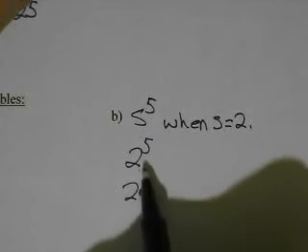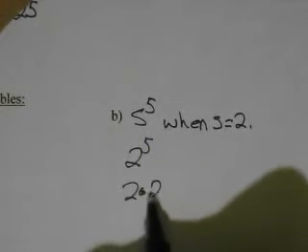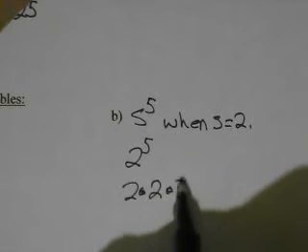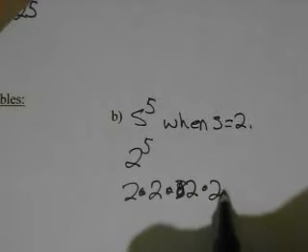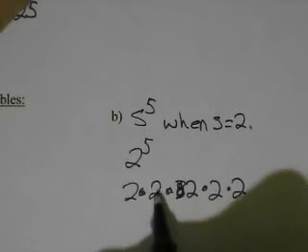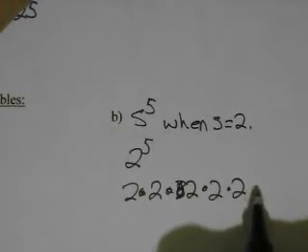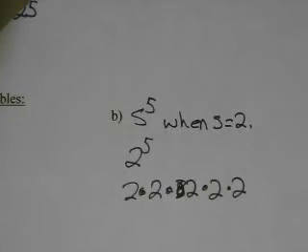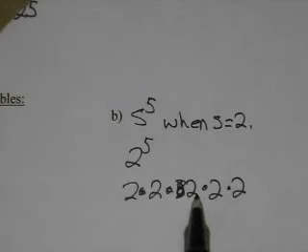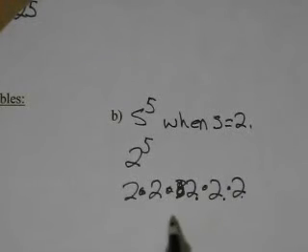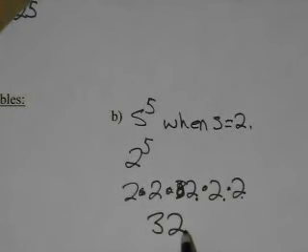When you multiply this out, you have 2 times itself 5 times, 5 2's all multiplied together. 2 times 2 is 4, times 2 is 8, times 2 is 16, times 2 is 32.